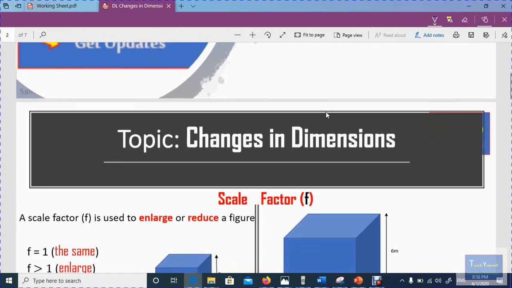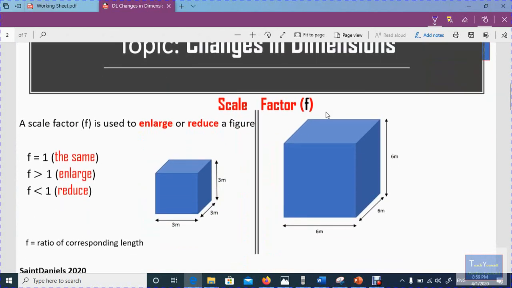That's what we mean by changes in dimension. For the sake of this topic, it is very important for us to understand the term scale factor. I depict this by the symbol F. What is a scale factor? A scale factor is the factor that is used to either enlarge or reduce a figure. Just take note of this.